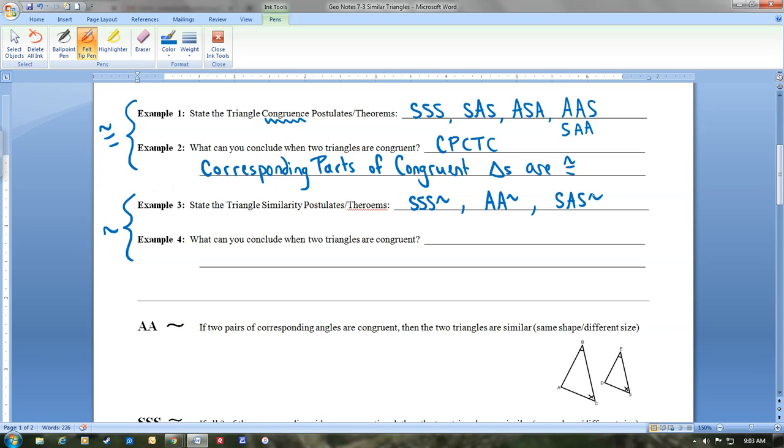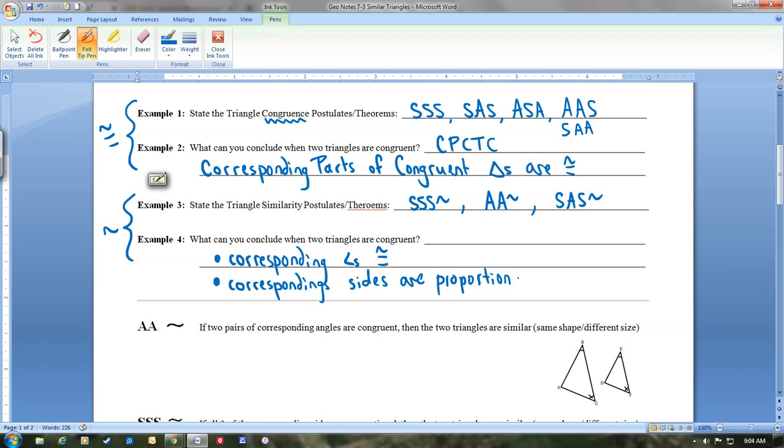What can you conclude when two triangles are congruent? You can conclude 2 things. Corresponding angles are congruent, but corresponding sides are not congruent. Corresponding sides are proportional.